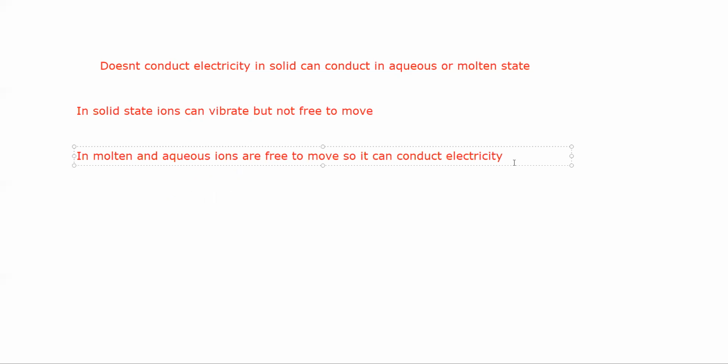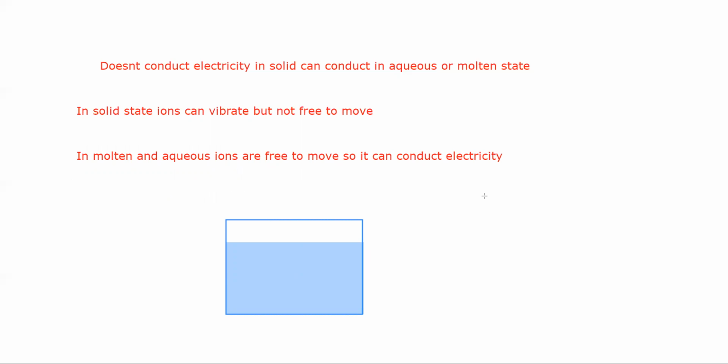So for example, if you take a container and this container is filled with water, and you have salt crystals, for example pink salt crystals. In these solid salt crystals, the ions are not free to move.